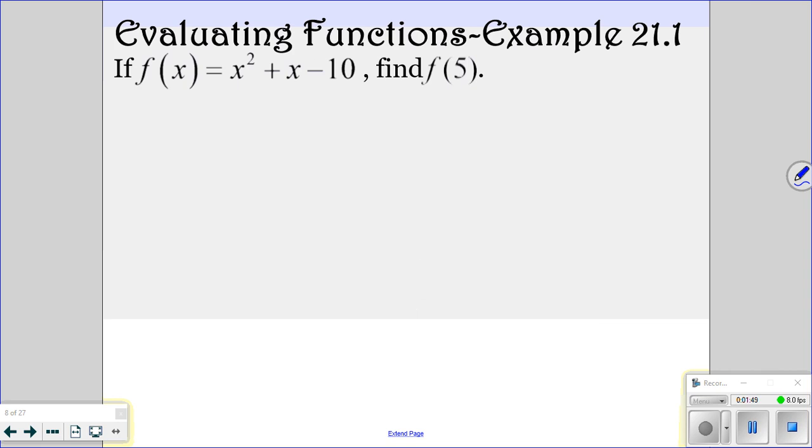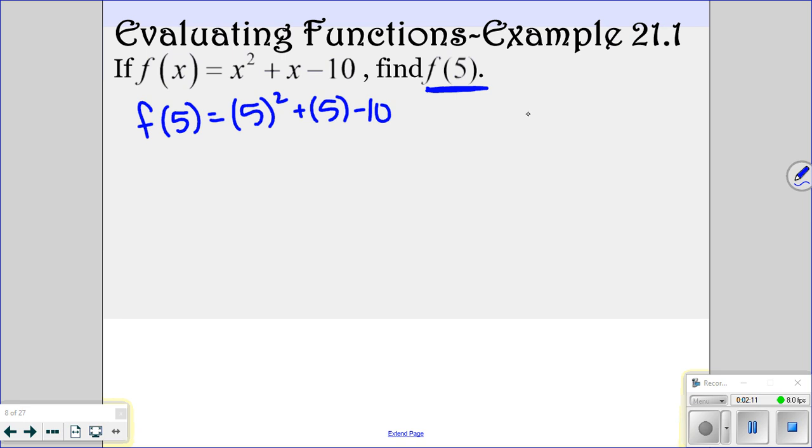So on this one, we want to evaluate this function. It says f of x equals x squared plus x minus 10. Some of y'all may remember this from Algebra 2. We are looking for f of 5. So right now we have f of x, so we're going to replace our x with 5. Everywhere in our equation that we have an x, we put a 5.